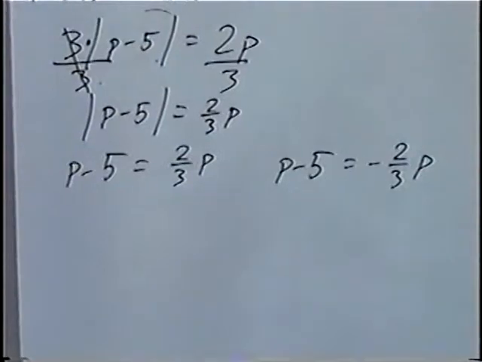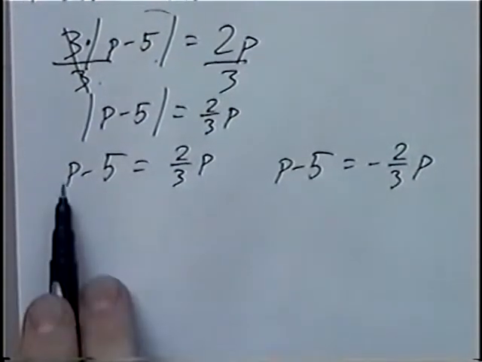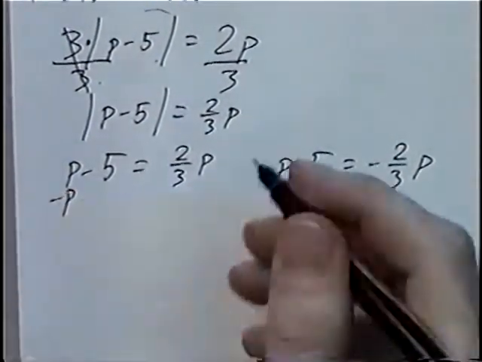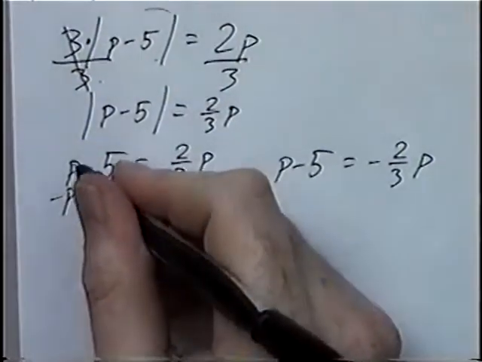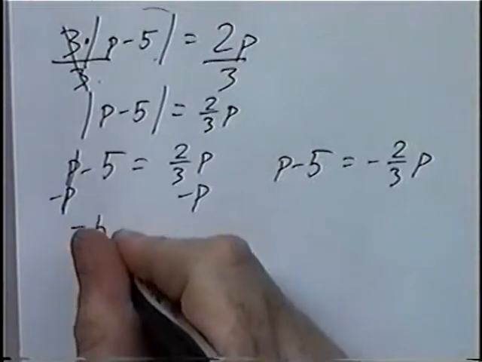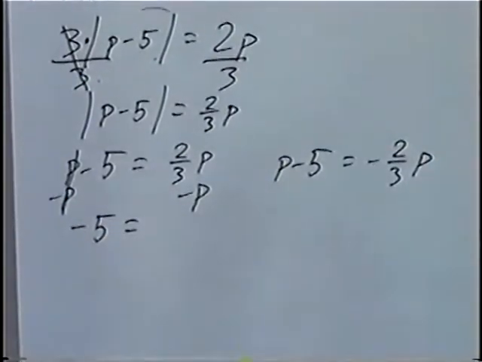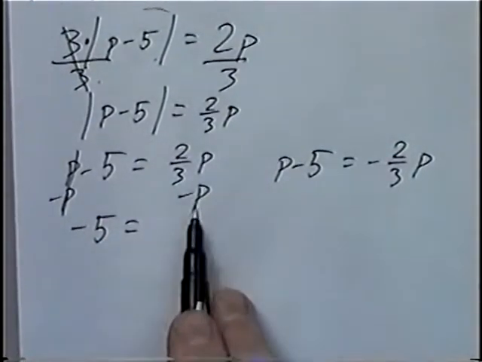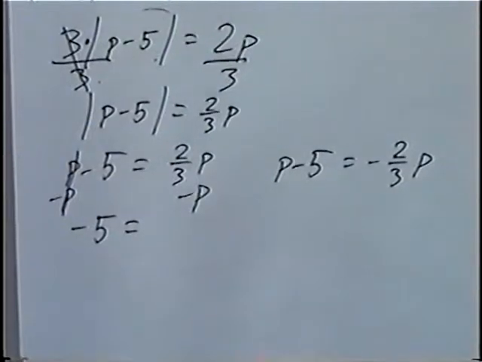Solving the original equation, we can subtract p on both sides. That way the variables all go to the right hand side. Negative 5 would stay the same. 2/3 p minus 1p.